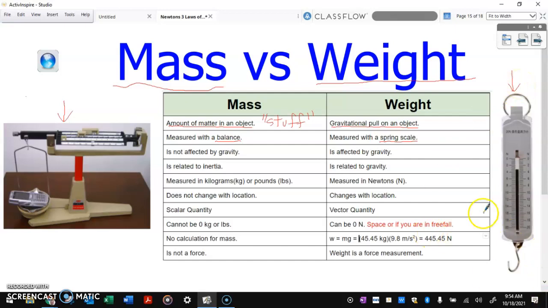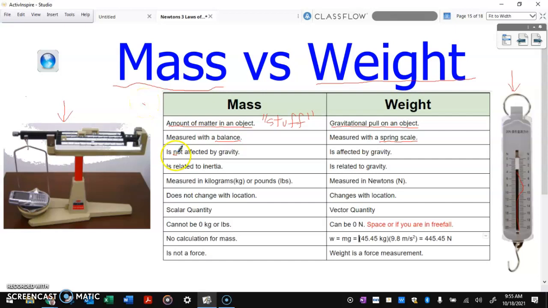You can't see it, but there is a little spring in there, and that spring elongates when the object is hooked on the bottom here and is pulled down by the Earth. So this spring is pulled, and then we can read the weight on the side here in newtons.